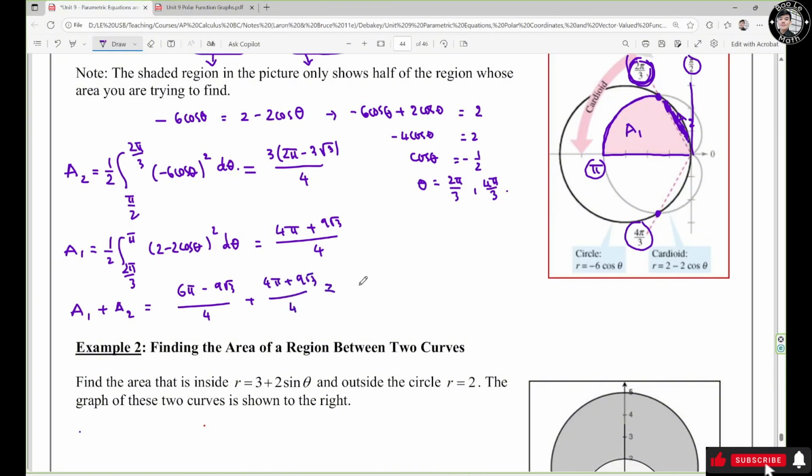So it's going to be 10 pi over 4. Then don't forget to multiply by 2 to get the bottom one. So take 10 pi over 4 times 2. This is the area of the whole thing, so it could be 10 pi divided by 2, which is 5 pi.